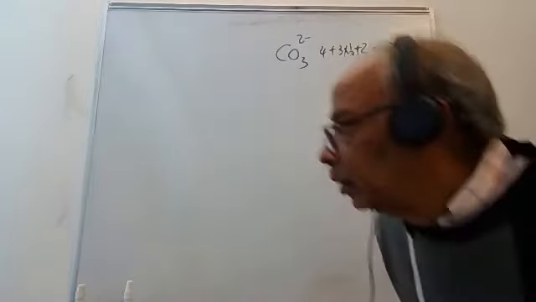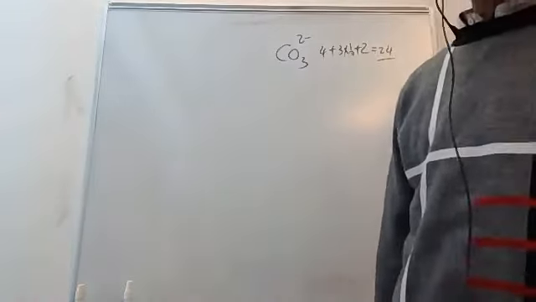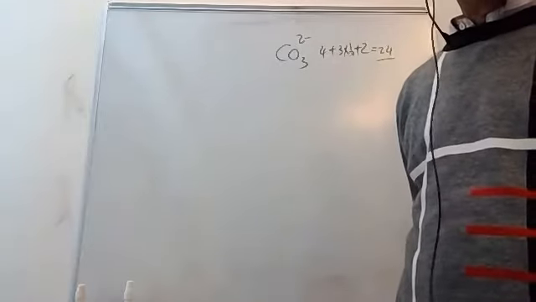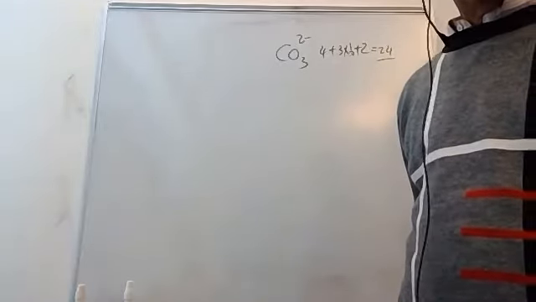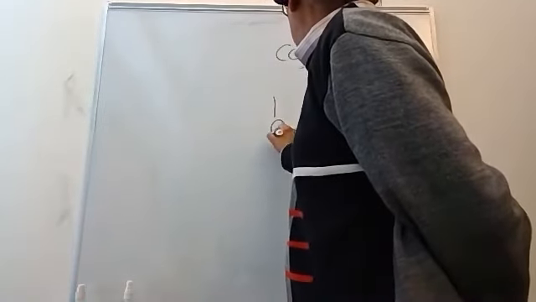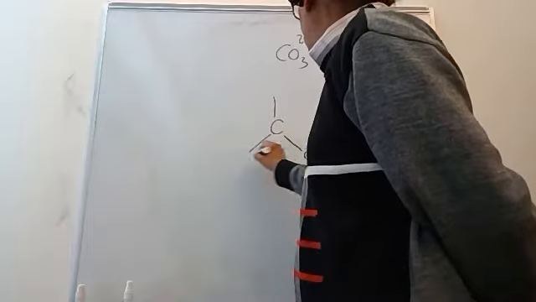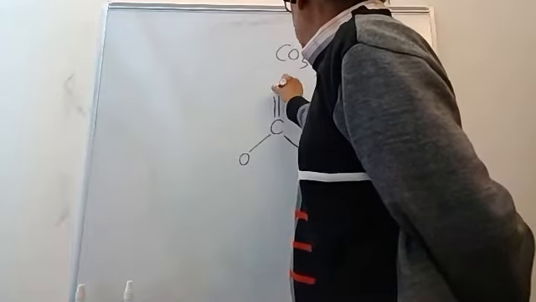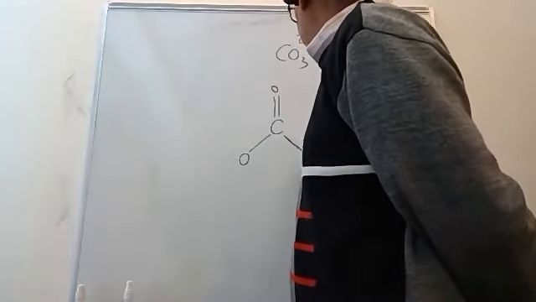Okay, so does carbon have any lone pair of electrons on top of it? No. So this is the first approximation. This is how it should look.